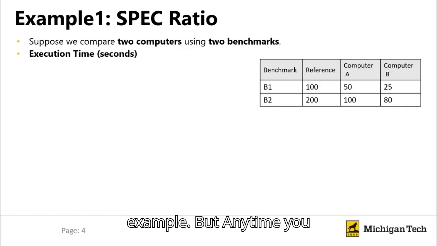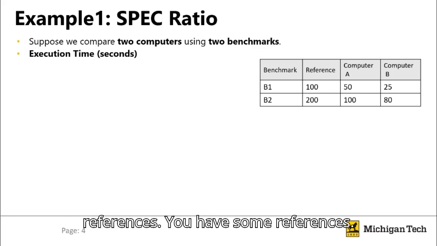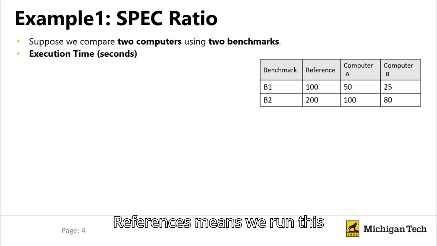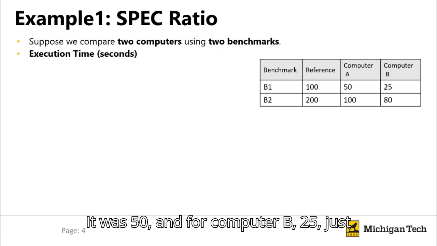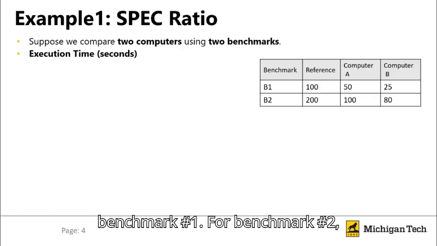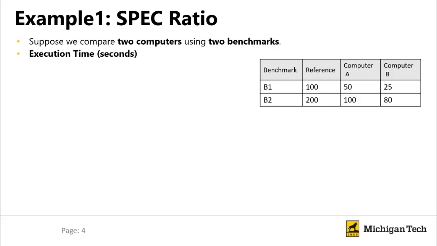But anytime you have an aspect ratio, you are already given references. References means we ran this benchmark, B1, for example, and it was 100 seconds execution time. For computer A it was 50, and for computer B, 25, just benchmark number one. For benchmark number two, the reference given is 200 seconds.